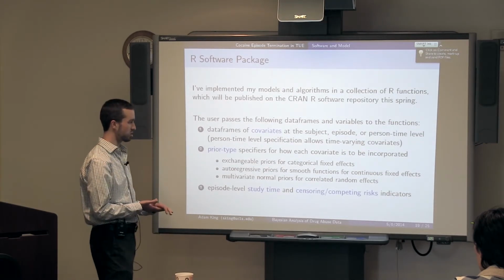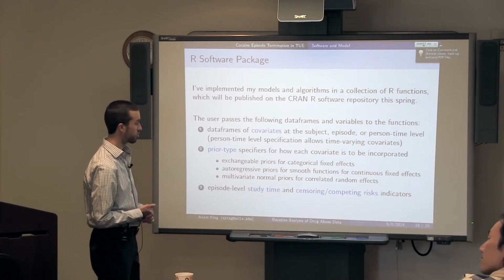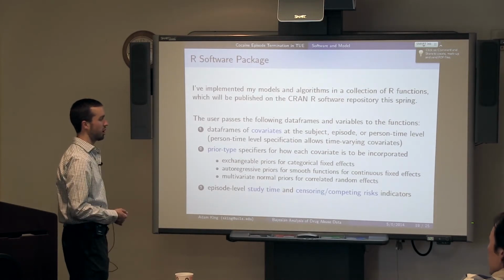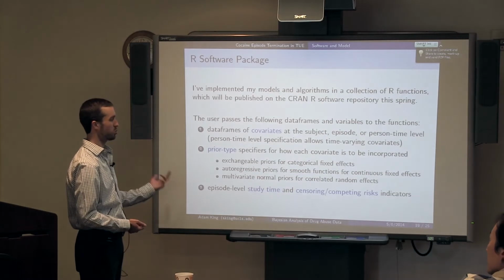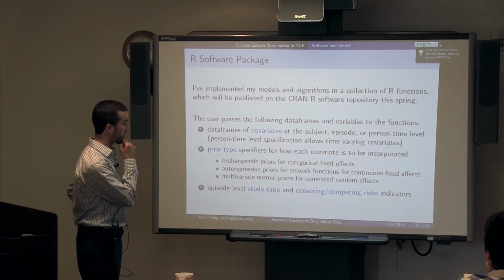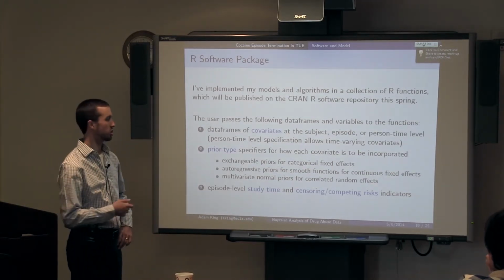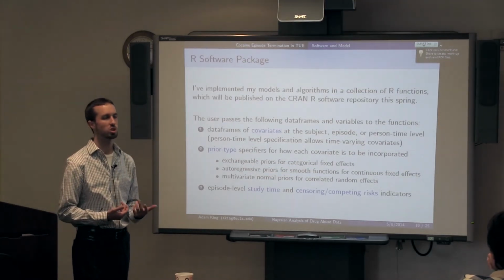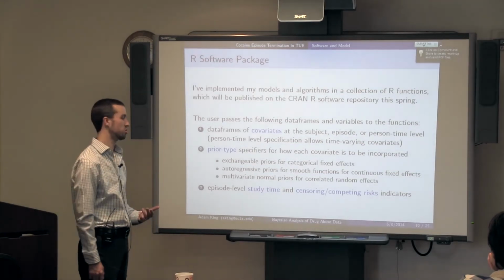And then this software allows 3 different types of covariates. You can have categorical fixed effects, such as race and sex and things like that. You can have continuous covariates, and these are incorporated with smooth functions in an additive semi-parametric way, like I described before. And then finally, you can have subject-specific random effects, which again are going to be necessary because you repeatedly observe, say, episodes of cocaine use, and so you need random effects to account for the correlation between those.